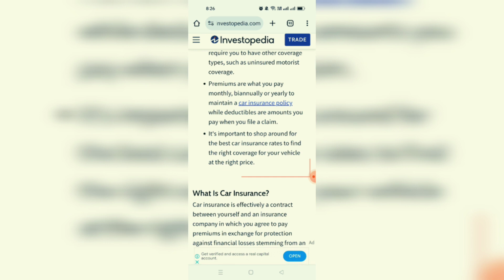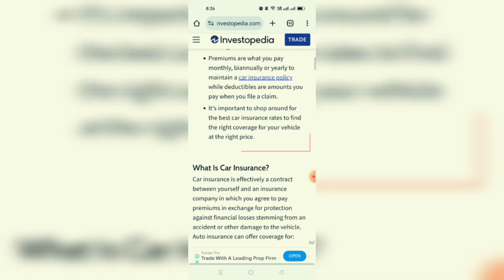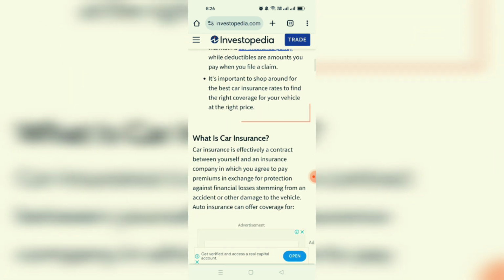What is car insurance? Car insurance is effectively a contract between yourself and an insurance company in which you agree to pay your premiums in exchange for protection against financial losses stemming from an accident or other damage to the vehicle.